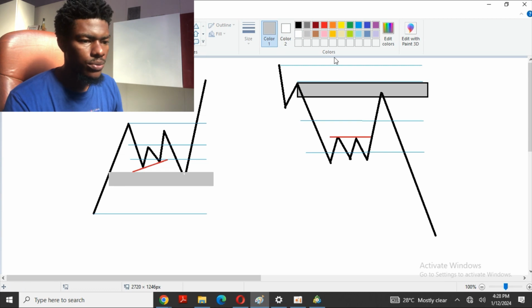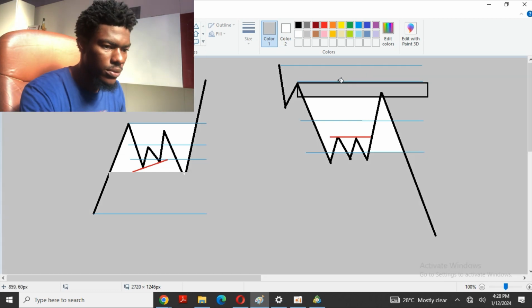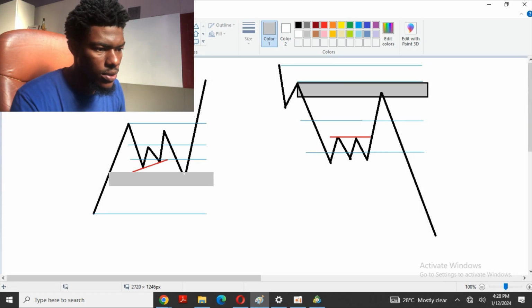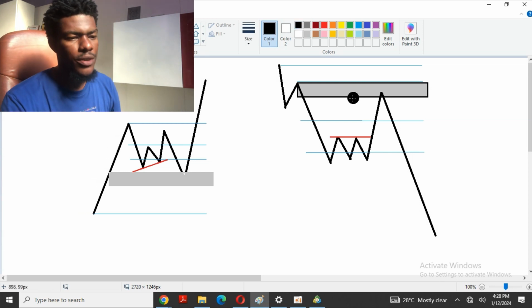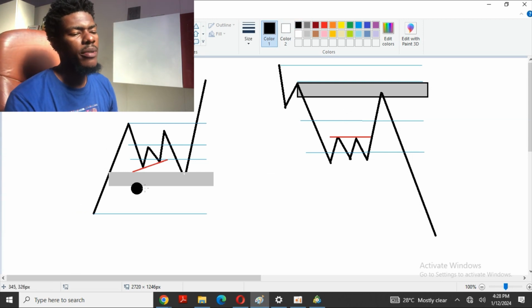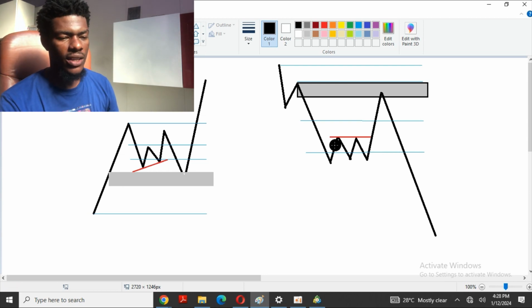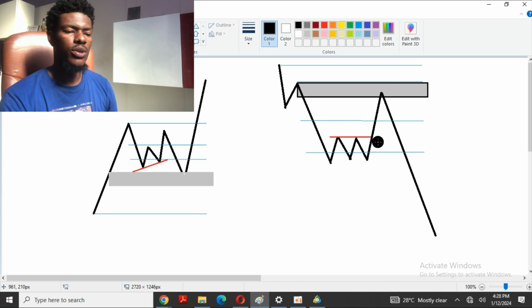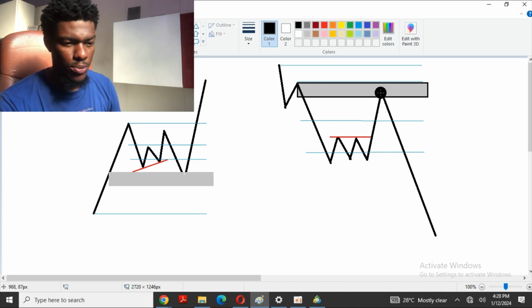All right, so now for this bearish market, remember in the bullish markets, the market took out trendline liquidity. Now the market has taken out double top liquidity. This double top, this top and this top. Market has taken out double top liquidity.